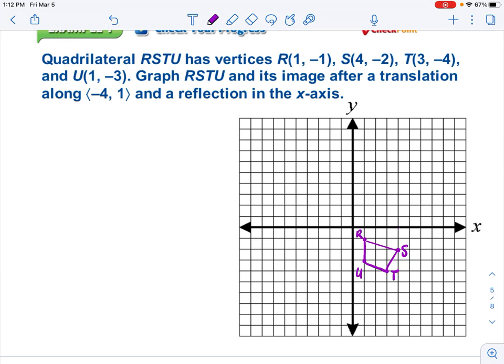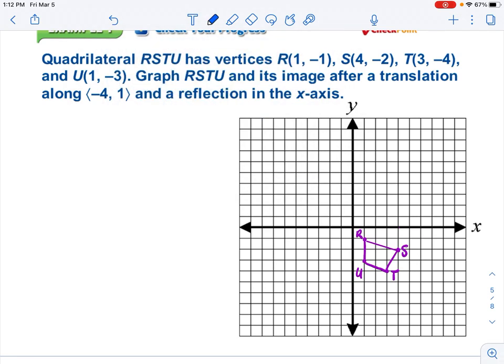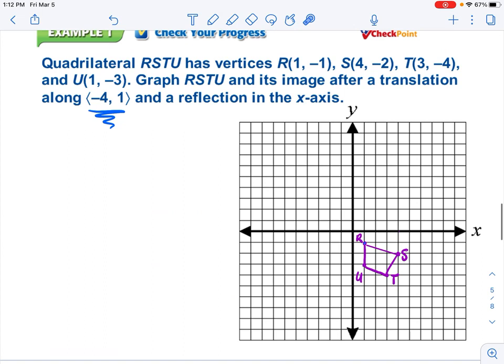Then we are going to graph its image after a translation along this vector and a reflection in the x-axis once again. What I'm going to do is use our counting method with our vector. From point R, I'm going to go left 4 and up 1.